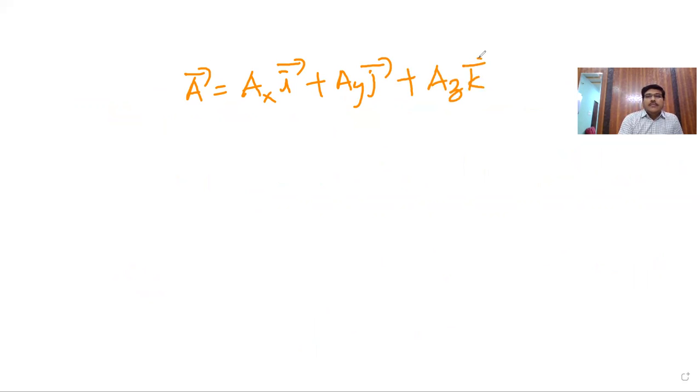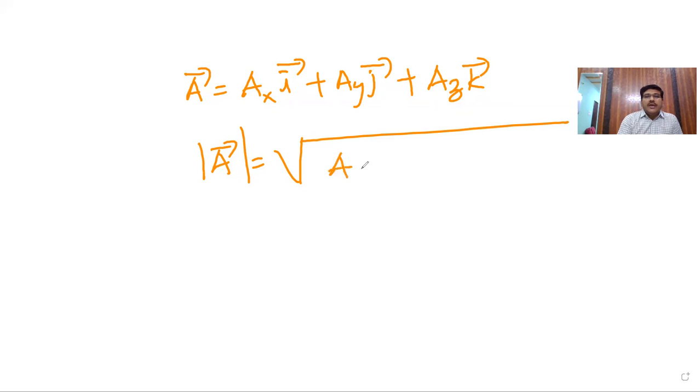You know, if a bar is a vector of the form ax i bar plus ay j bar plus az k bar, then modulus of a bar, the magnitude, is the square root of coefficient of i squared plus coefficient of j squared plus coefficient of k squared. So the square root of ax square plus ay square plus az square equals magnitude, which is 1.